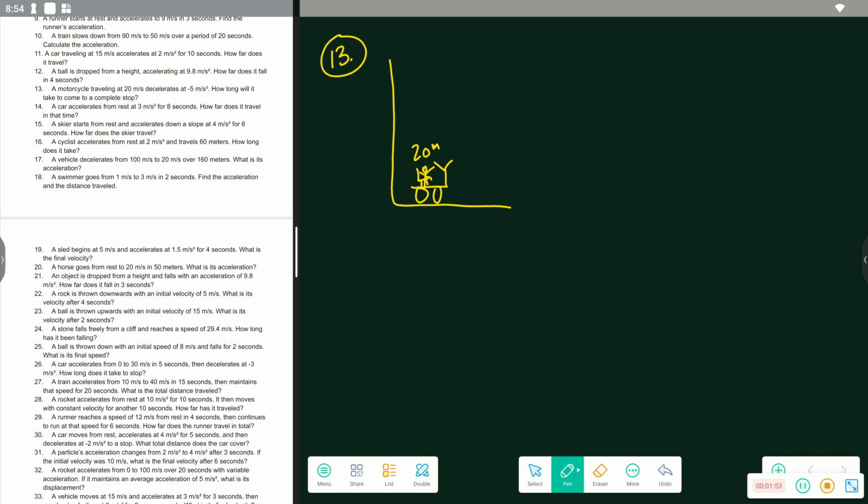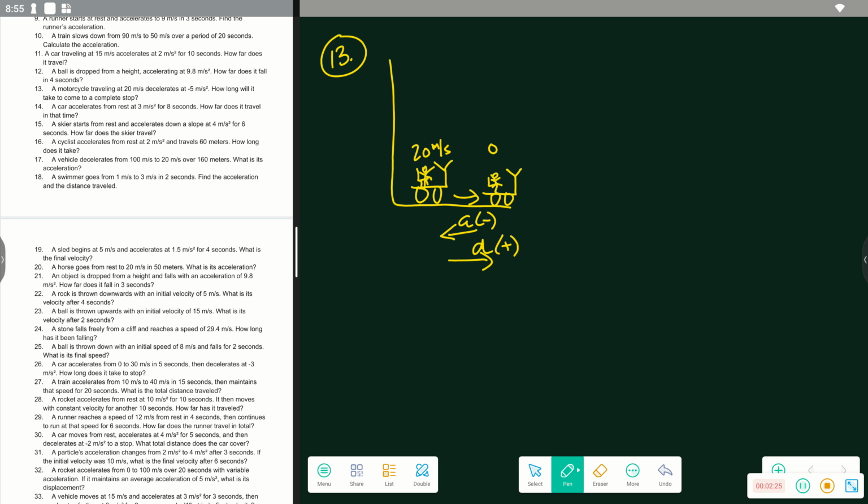Okay, we don't know what the final velocity is. But we do know that it's moving this way, but acceleration is moving in a negative direction. It's working against it because it's slowing it down. But the displacement is still going this way, so it's still going to be positive, okay?